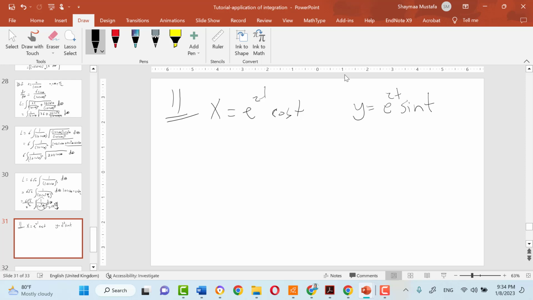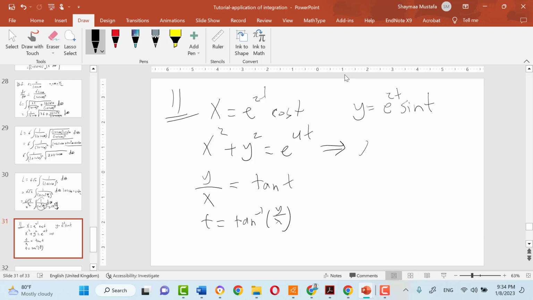To change it to Cartesian first, you have x square plus y square equal to e to the 4t. And also you have y over x equal to tan t, so t is tan inverse y over x. So x square plus y square will be equal to exponential 4 tan inverse y over x.